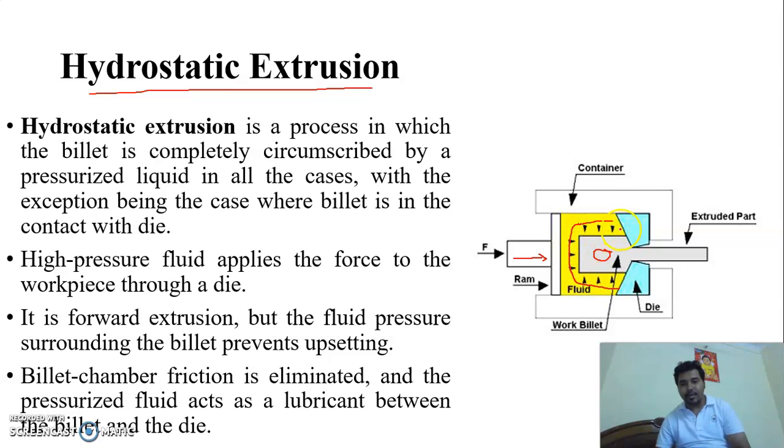This pressure is generated in all directions of the billet. Then this pressure will flow the raw material, the billet, and the billet will contact the die. Then after contact we get the extruded part.